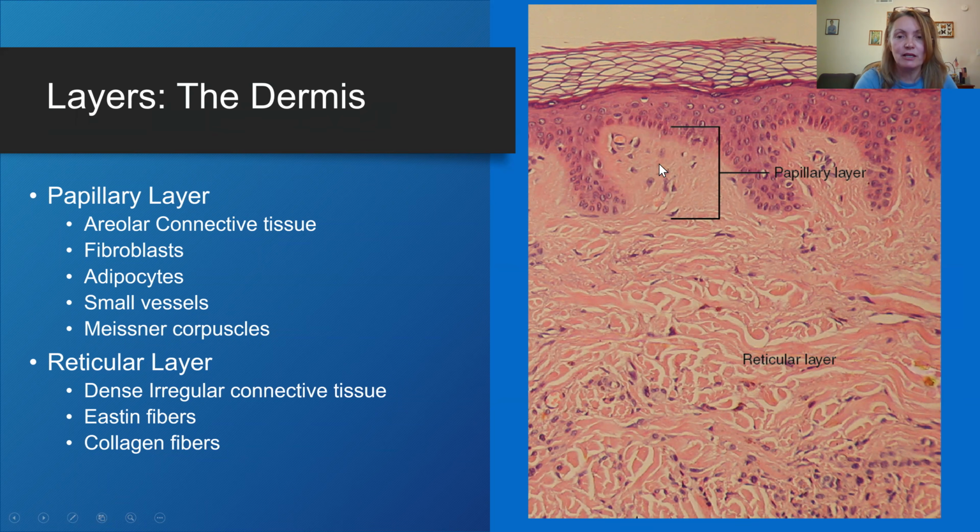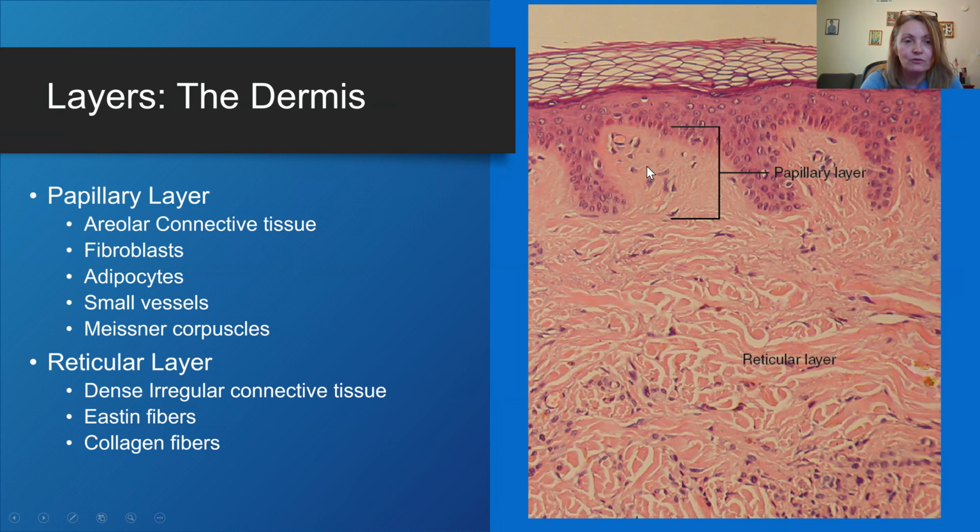And this papillary layer, the same as all the dermis, is made of connective tissue. So on the top we have epithelial tissue, and then under epithelial we have connective. The specific connective tissue in the papillary layer is areolar connective tissue.